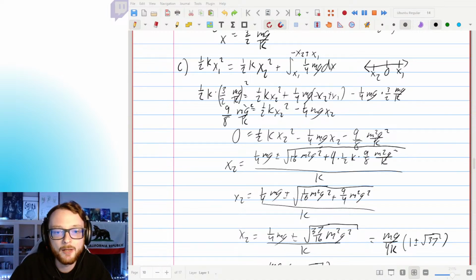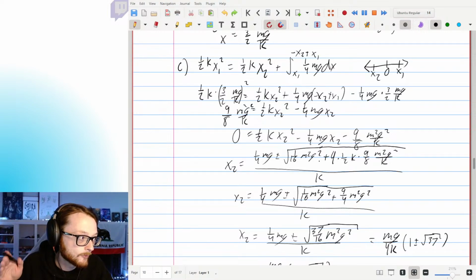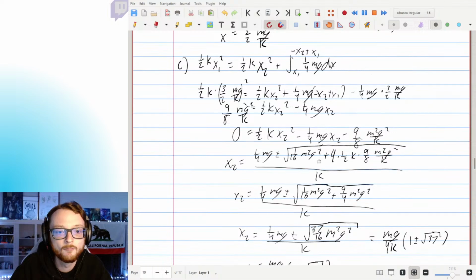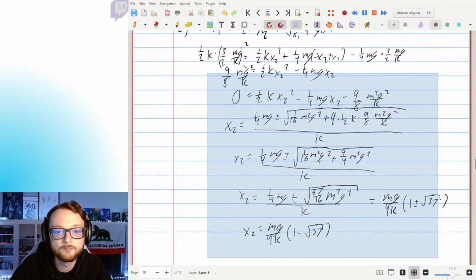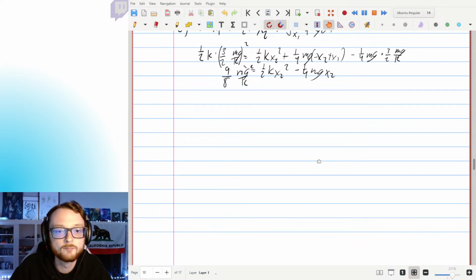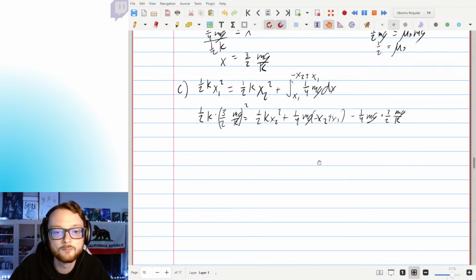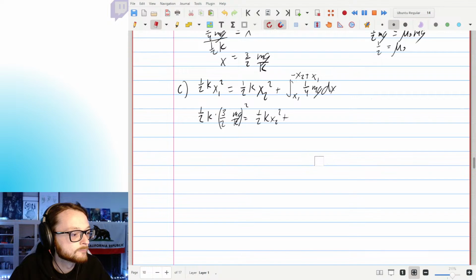I guess because I wanted the integral to be from x1 to whatever the endpoint is. I should have thought about it maybe as zero distance to x1 plus x2. You would have done it by forces.